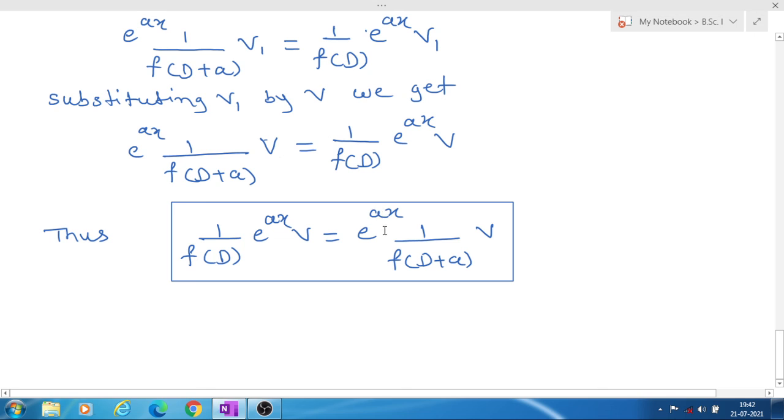Here e raised to ax, the coefficient of x is a, so that a we take and substitute D by D plus a, and find the value of 1 upon f(D plus a) operating on only v. So e raised to ax is taken outside and then we find the value of 1 upon f(D plus a) operating on v. So this is our short method to find P.I. So we stop here.